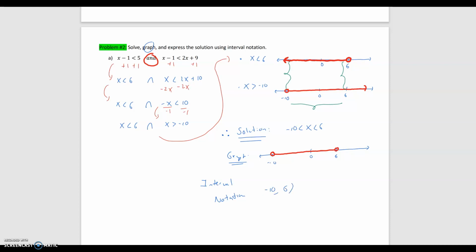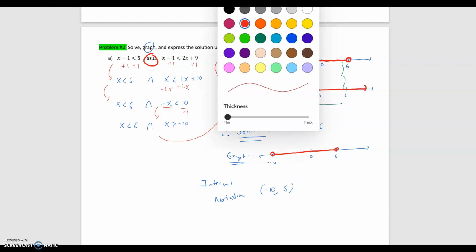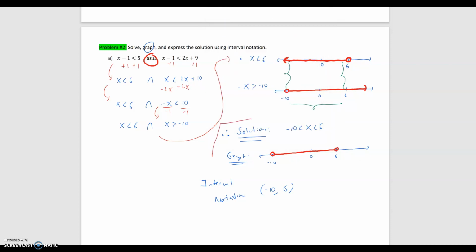Both of these are parentheses. And that's it. Our solution on this one, as we look at the intersection, is just the values from negative 10 to 6 positive, but you're not including any of these because of the less than statements.